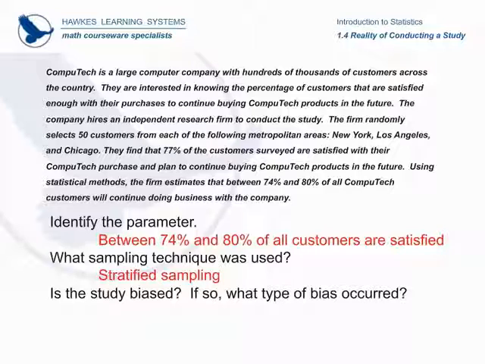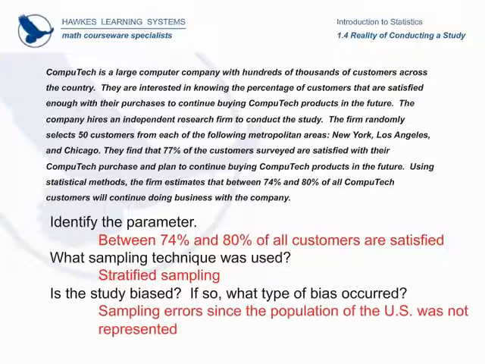Is the study biased? If so, what type of bias possibly occurred? Well, there could be sampling errors since the population of the U.S. was not represented. What we mean by that is we only chose the metropolitan areas of New York, Los Angeles, and Chicago.